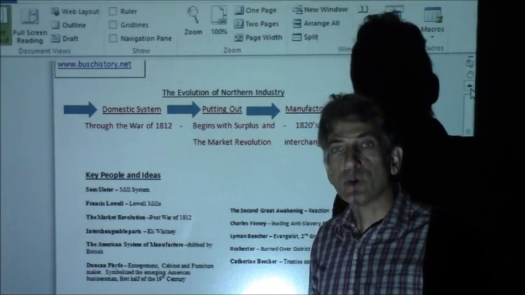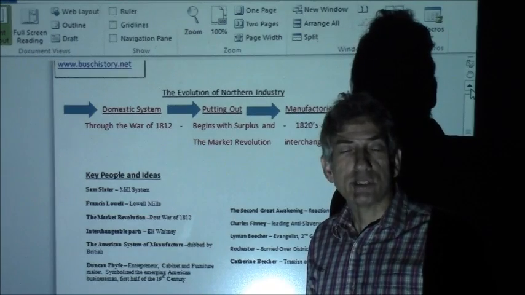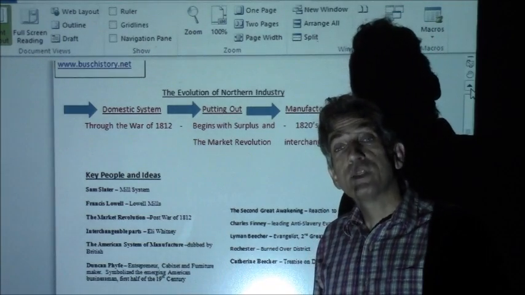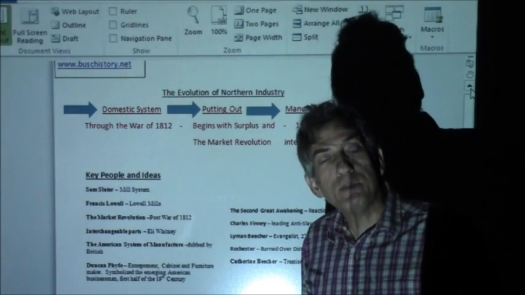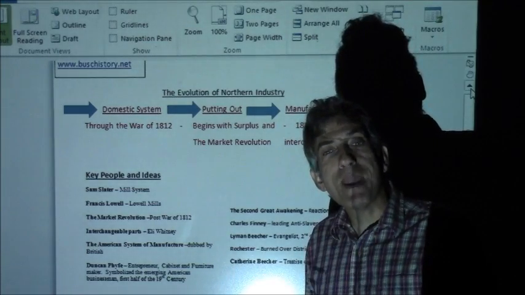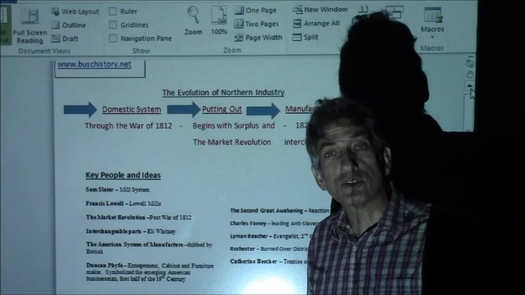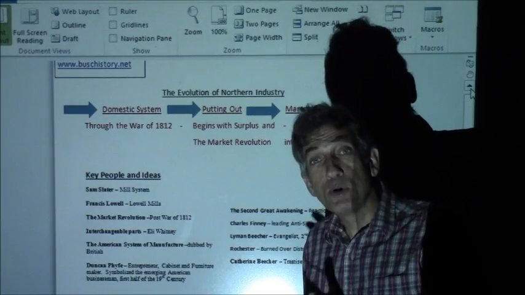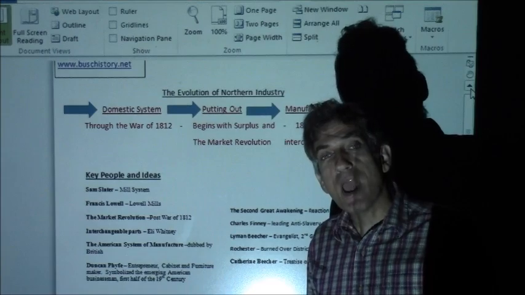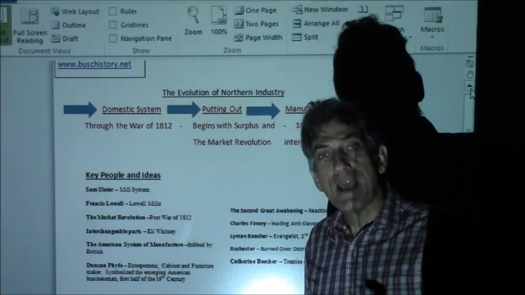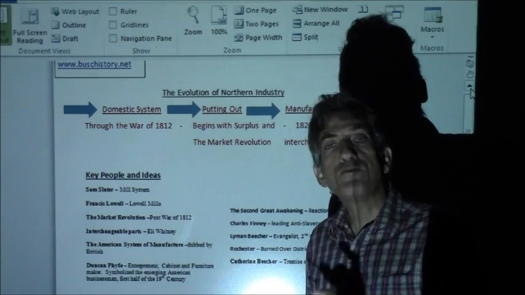In analysis, it's going to be an end to the artisan craftsman system, because the evolution of this putting out system is going to be, let's put all these people in one place. Let's put all the men together, and let's take all the factors of production and put them together under one roof. And we're going to call it a manufactory. Men, factors of production, manufactory.